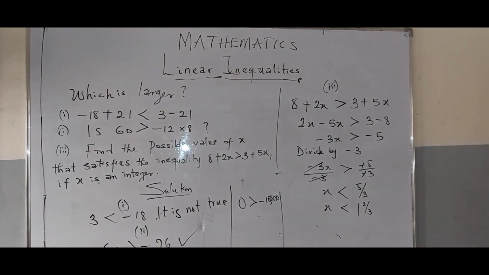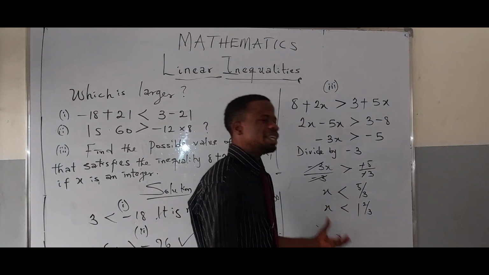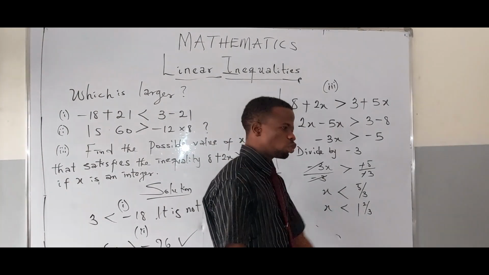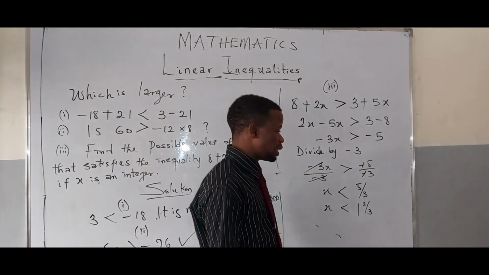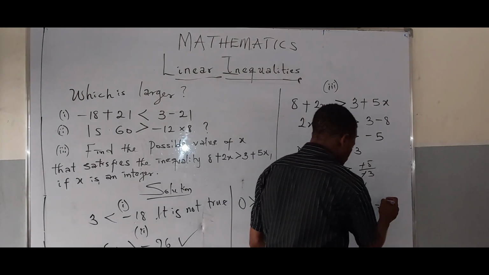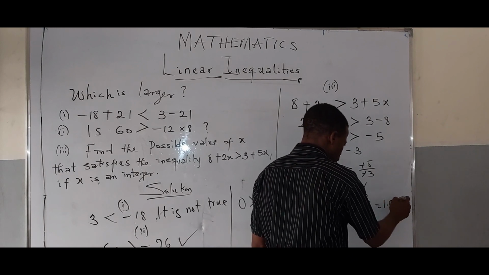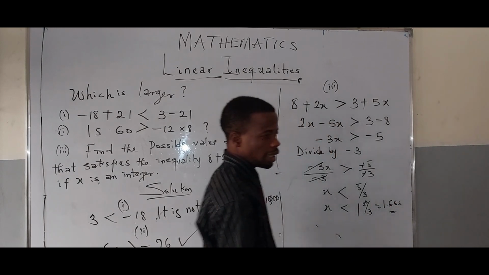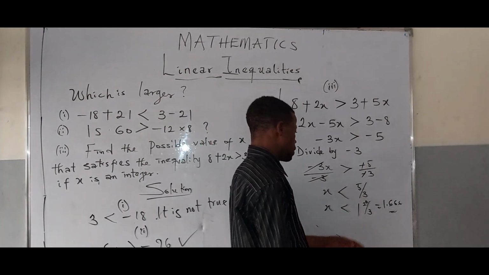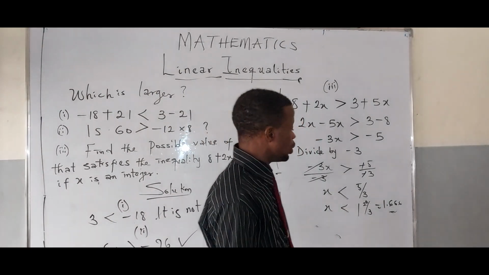Now, if x is less than 1 and 2 over 3, what is a possible value of x that we can have? Don't forget, 2 over 3 is like 0.666, so 1 and 2 over 3 is 1.666 in decimal.